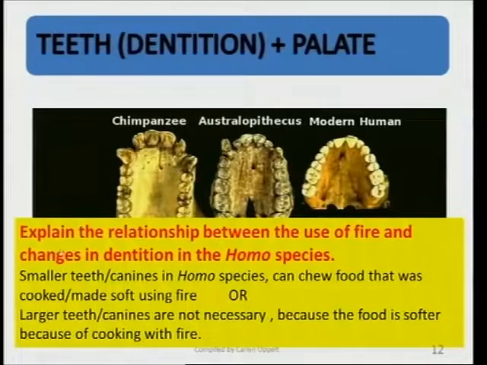So why do we not have these canines? How does our teeth differ, or our dentition? Our teeth are more or less of the same size. We do not have a long canine or a fang, because whereas chimpanzees eat raw food that's tough and that they have to chew and tear, we don't.